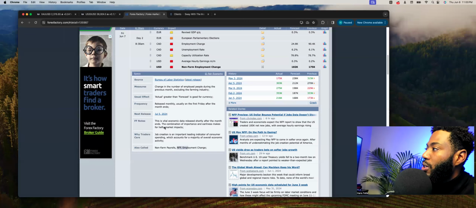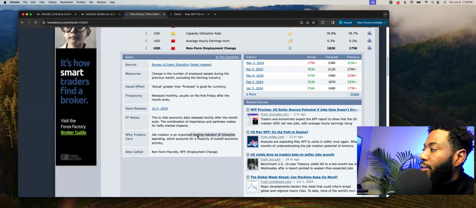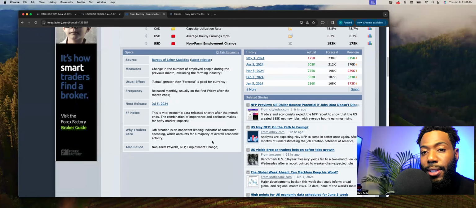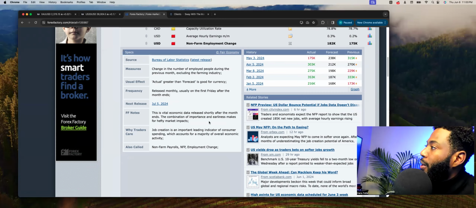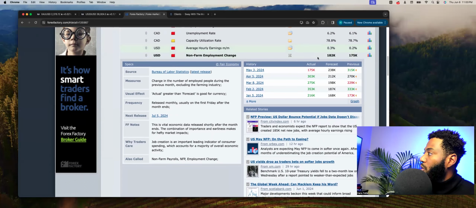So we're gonna see that traders care because it's a leading indicator of consumer spending, which accounts for the majority of economic activity, right? So if fewer people are getting hired, fewer people are spending money, or so they say. Now, the last couple times that NFP came out, the numbers came out good.